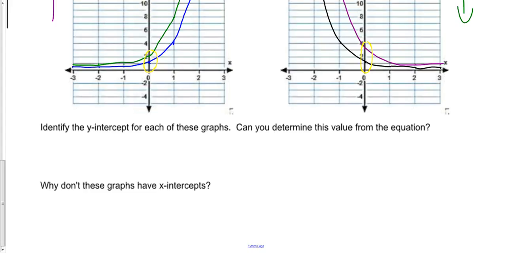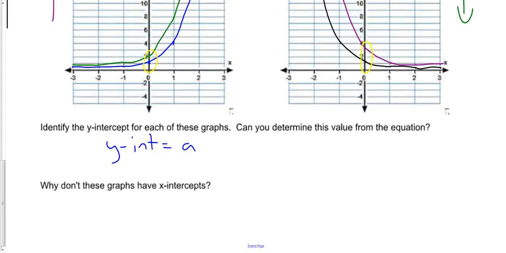And what's really key about the y-intercept is that the y-intercept is equal to the a value. Okay, and so you can get that from the equation just by looking at whatever the a value is, or you can look at the graph and you can see where the y-intercept is on the graph.